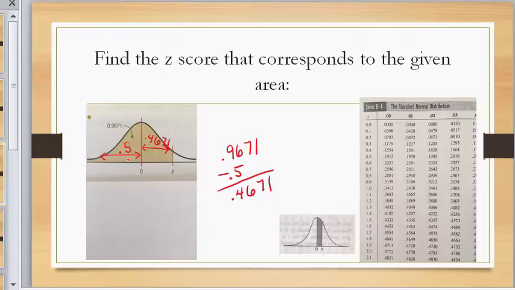And so you may not be able to see it on the screen, but if you look at your paper table, you're going to see that 0.4671 is sitting right about here. All right, and if you come over, you can see that that lines up with a z-score that begins with 1.8.